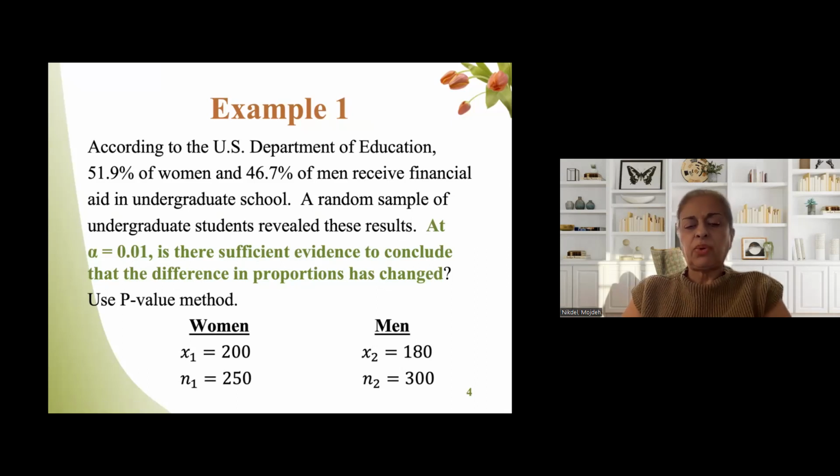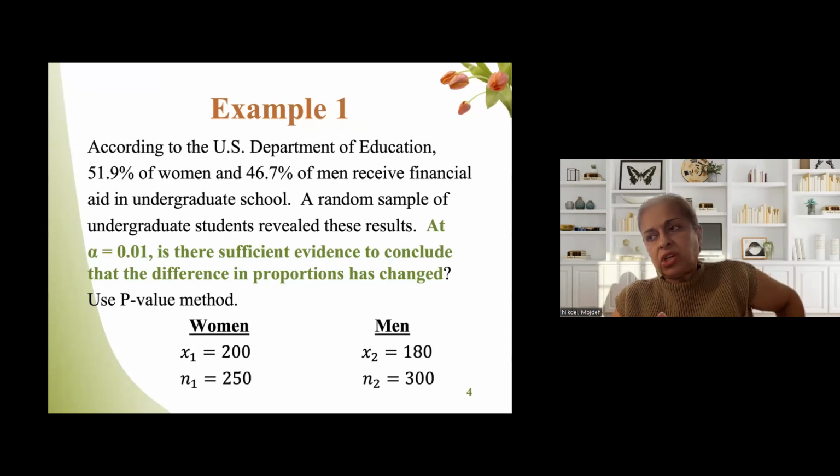The difference in proportion has changed. It means that P1 of the first group is not equal to P2 of the second group.